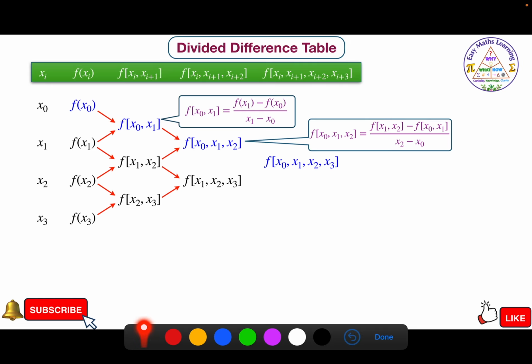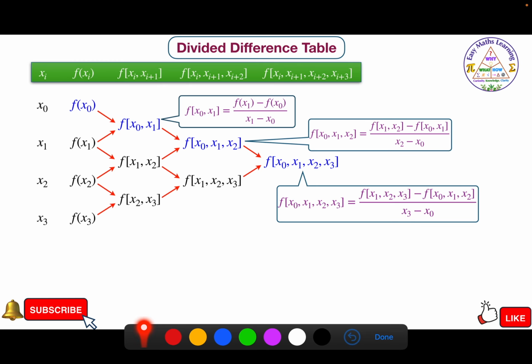Finally we compute the higher order divided difference, which is this one. It is calculated as the second order divided difference for nodes x1, x2, x3 minus the second order divided difference for x0, x1, x2, divided by x3 minus x0.